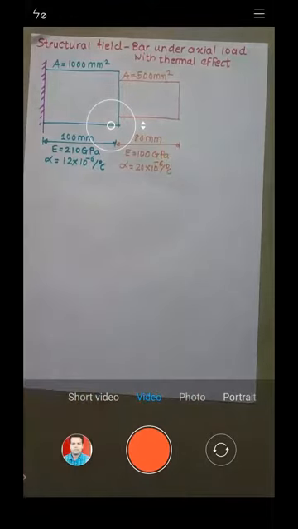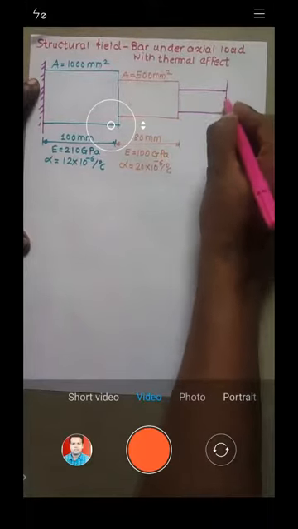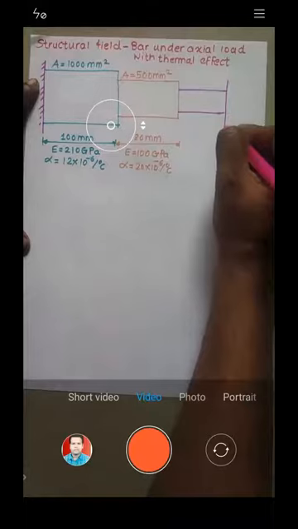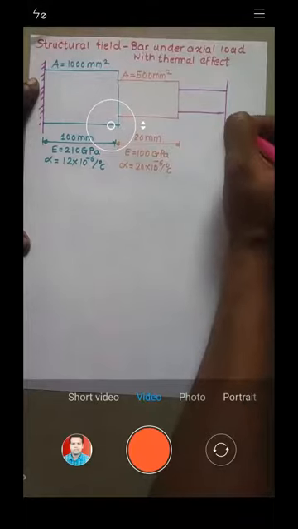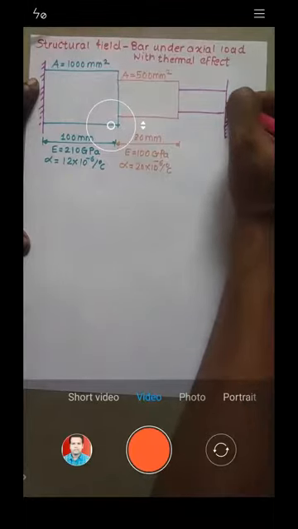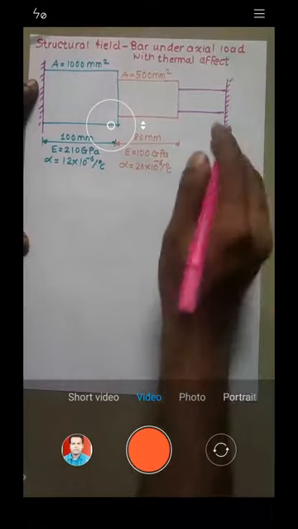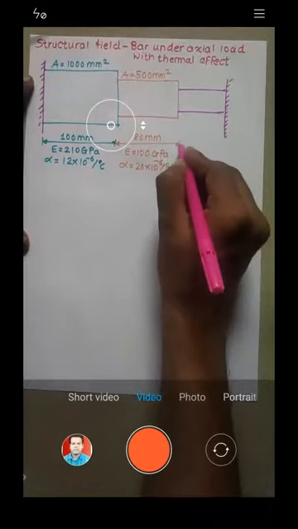To this particular bar, we have one more bar which is attached, and this end of the bar is attached to a fixed support. This bar is of length 60 mm.